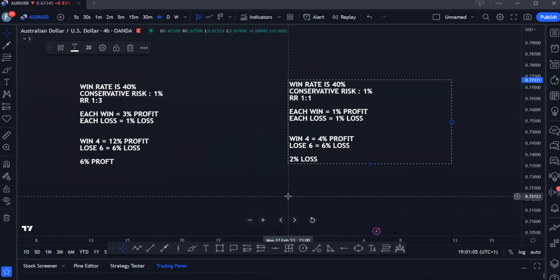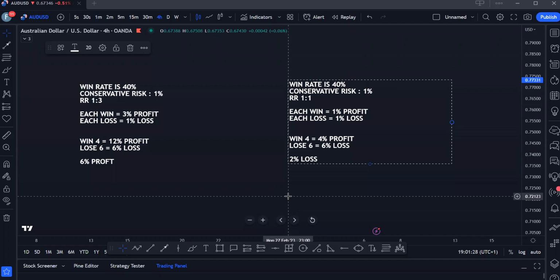So never ever have a risk reward of 1-to-1. The work you want to do is to optimize your trading system, your trading strategy, to give you a minimum risk to reward of 1-to-3.